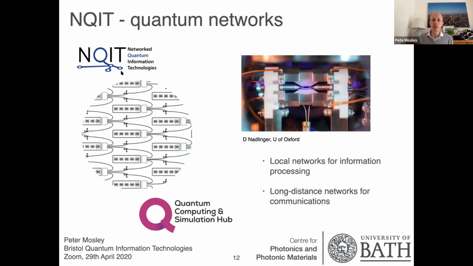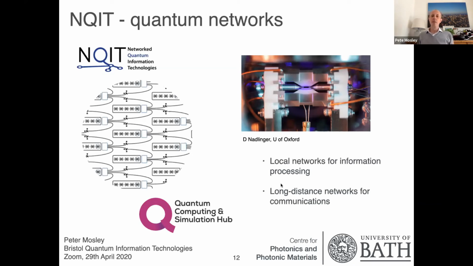So the goal of NQIT, which was slightly different perhaps in some respects to QCS, as I'll explain in a minute, was to build components for quantum networks, and those quantum networks were of two different types. One was local networks for information processing, and the other was long-distance networks for communications.